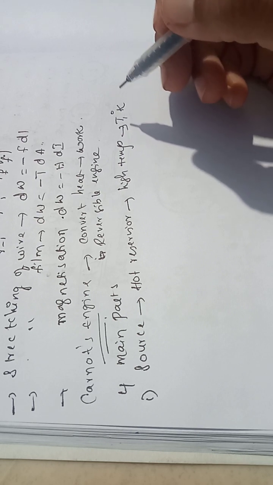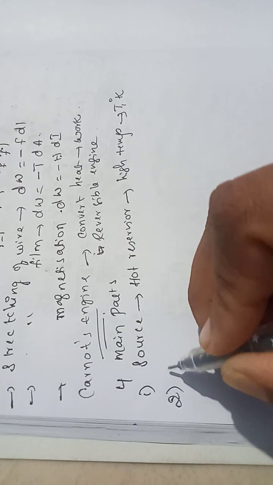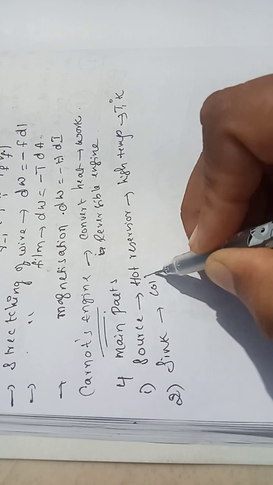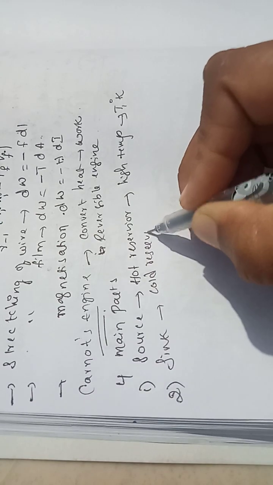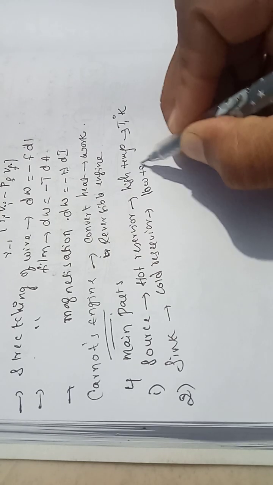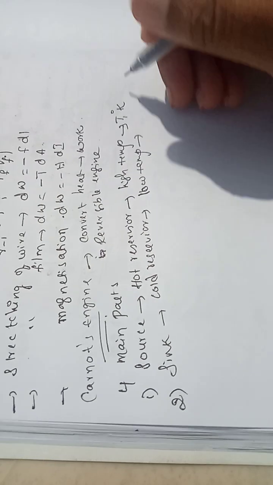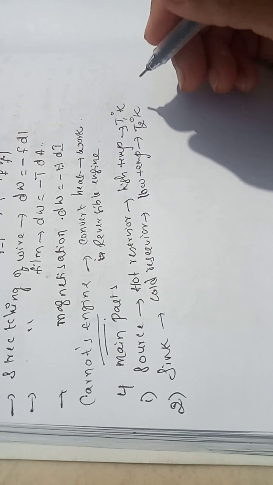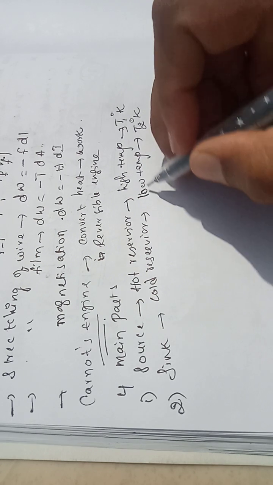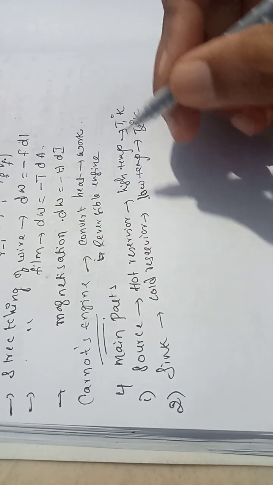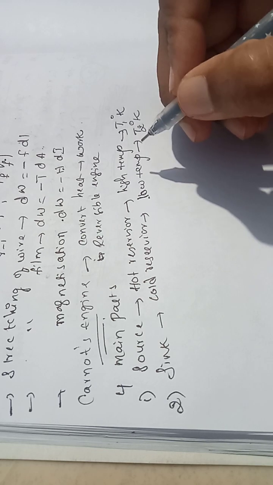Second one, sink. We can also call it the cold reservoir. It has a very low temperature, maintained at T2 Kelvin. The temperature is so low that if we add some heat to it, we will not find any rise in temperature.